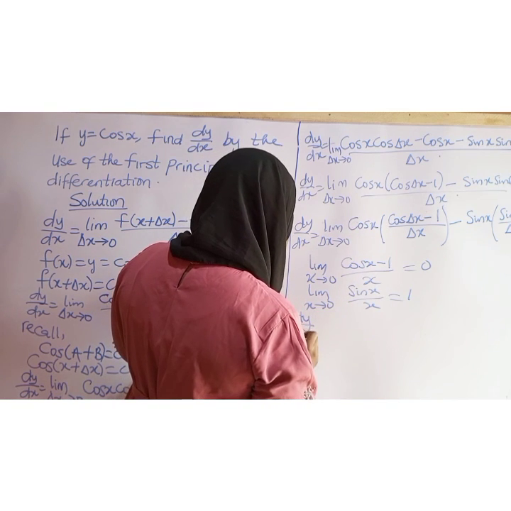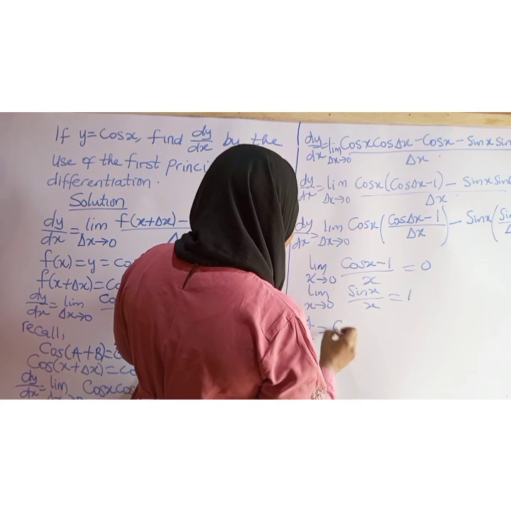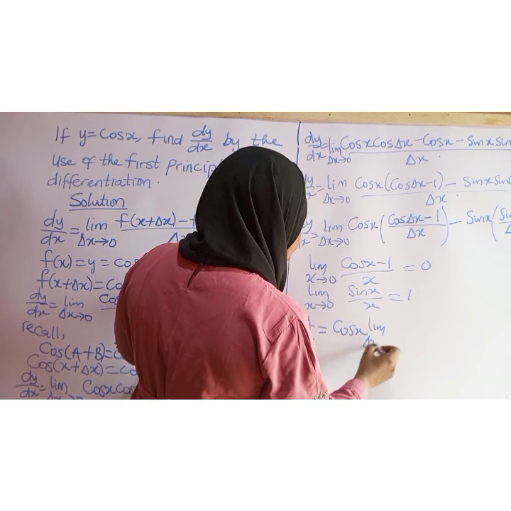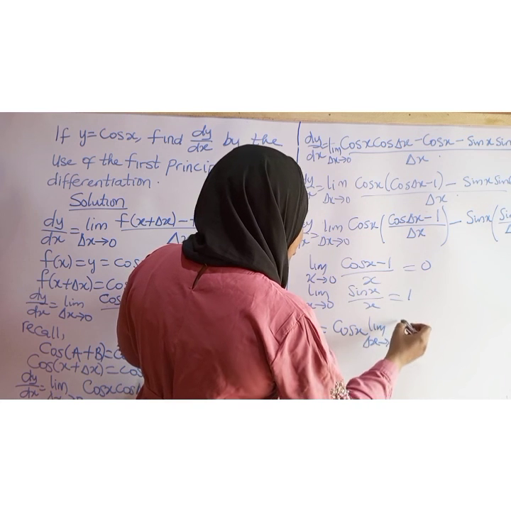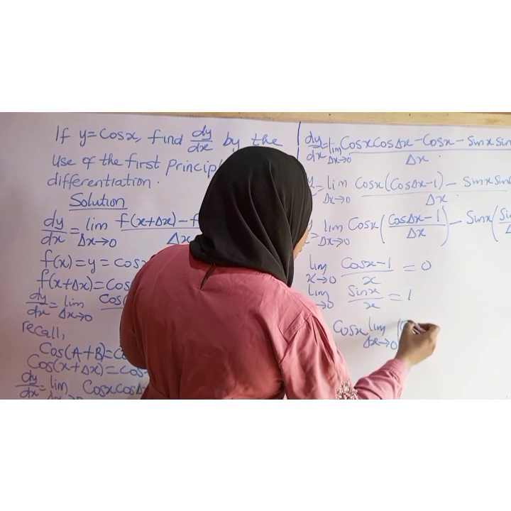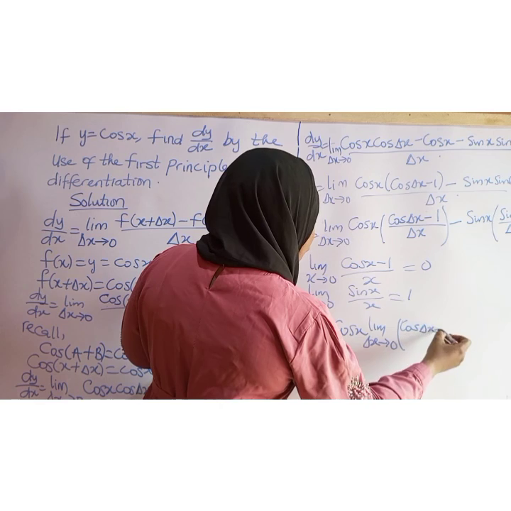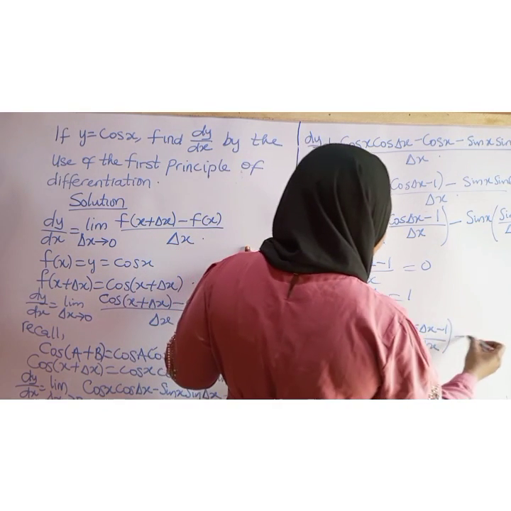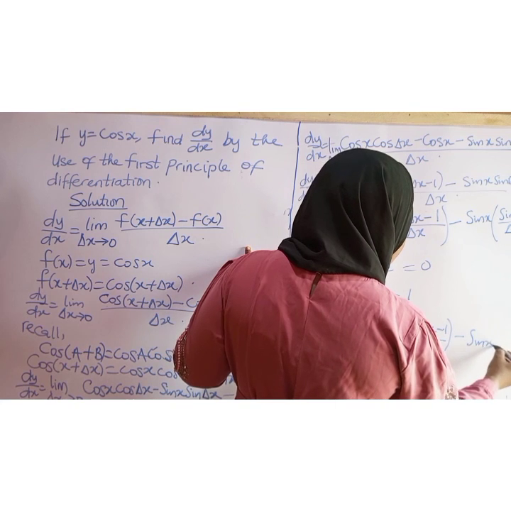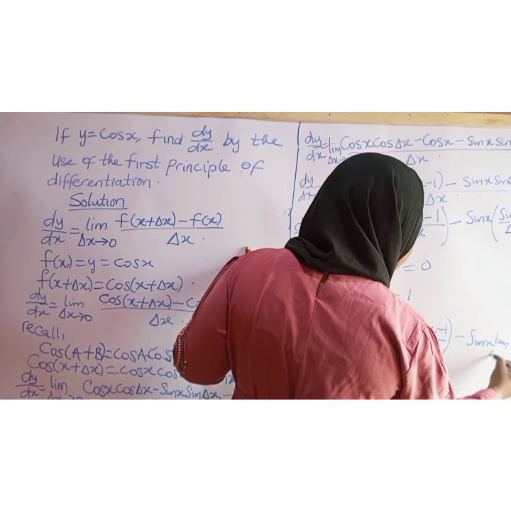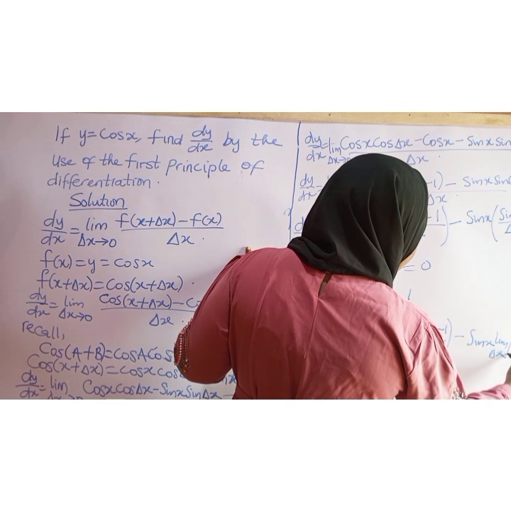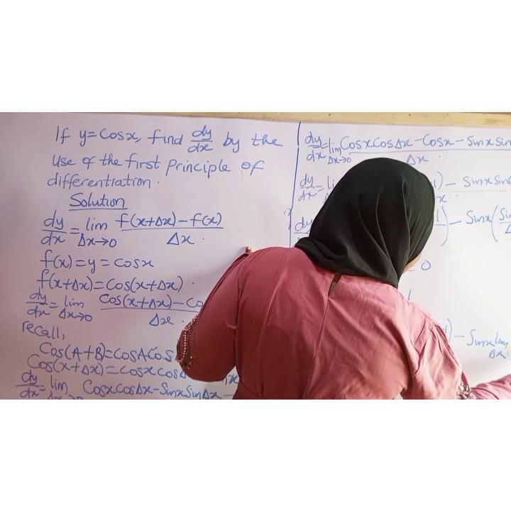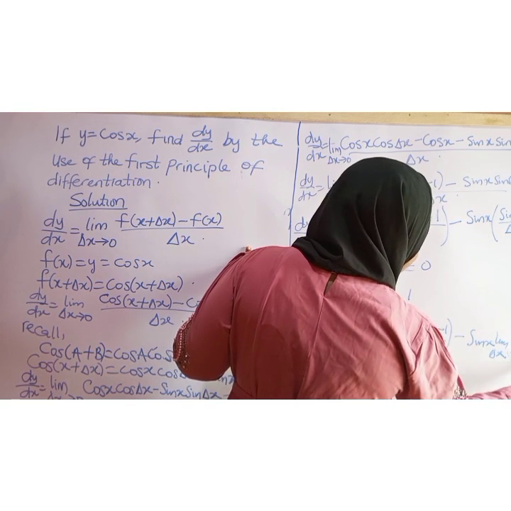dy/dx will now be equal to cos x, then the limit as change in x tends to 0 of cos change in x minus 1 over change in x, then minus sine x, then the limit as change in x tends to 0 of sine change in x over change in x.